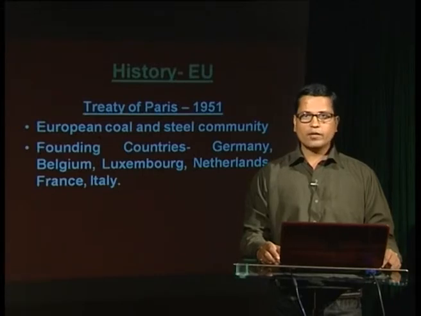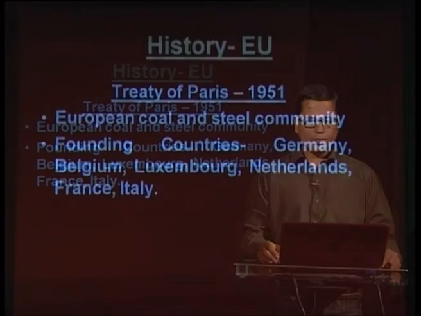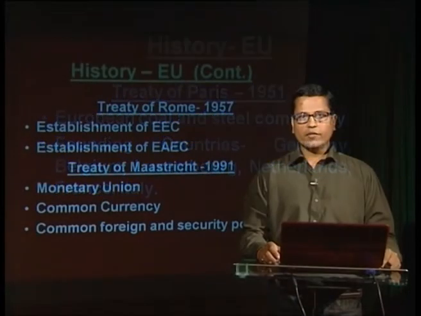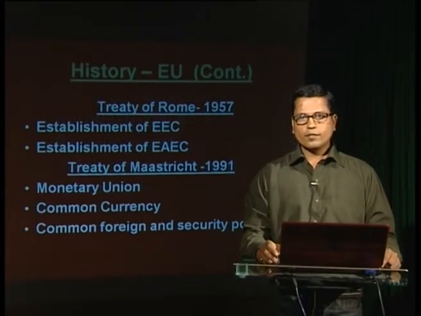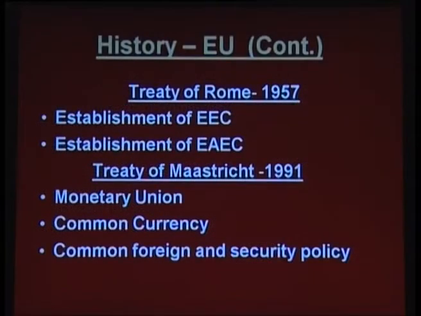In the 1951 Treaty of Paris, 6 countries came together to form the European Coal and Steel Community. These countries were Germany, Belgium, Luxembourg, Netherlands, France and Italy. It was a beginning for the European Union. Further, in 1957, the Treaty of Rome, 2 more establishments came into existence, which were the European Economic Community and the European Atomic Energy Community.